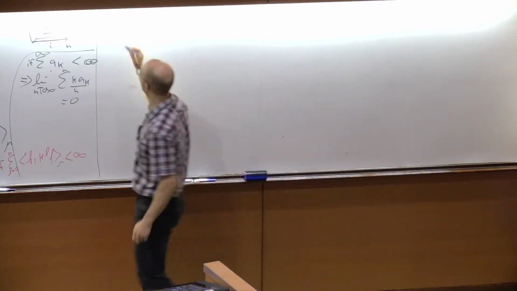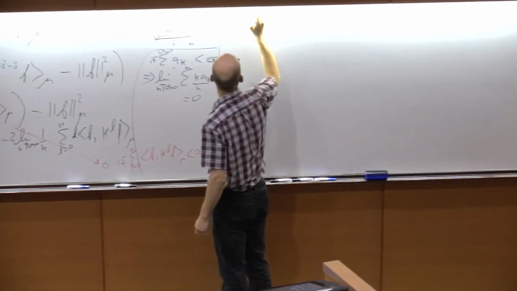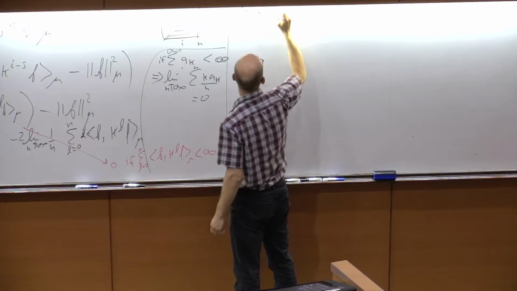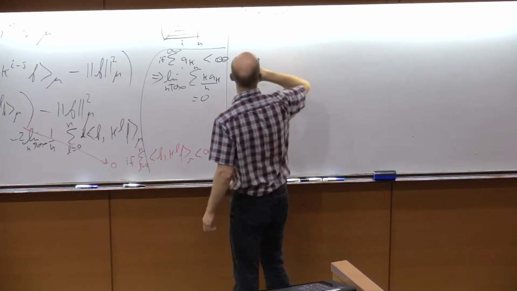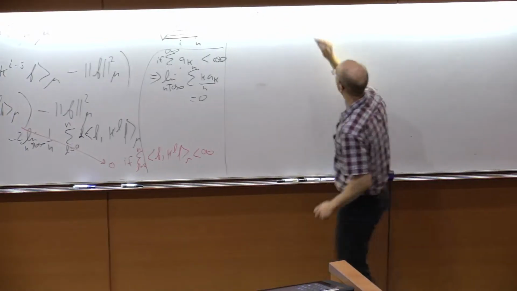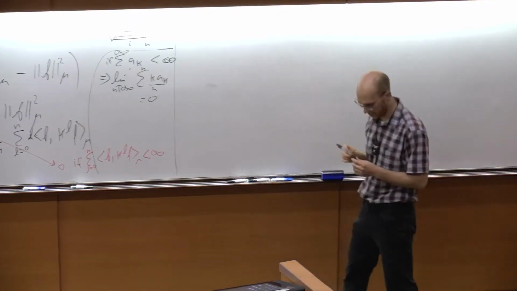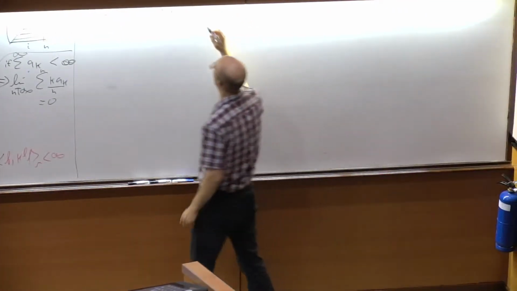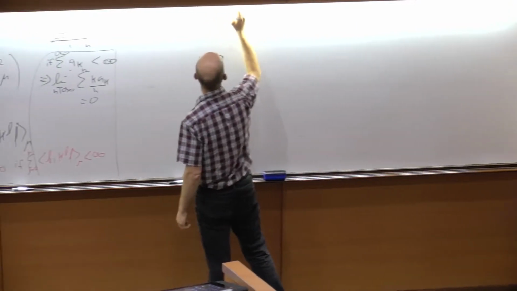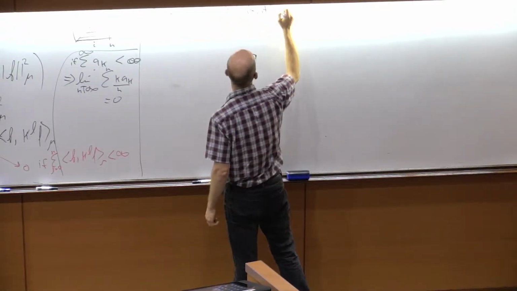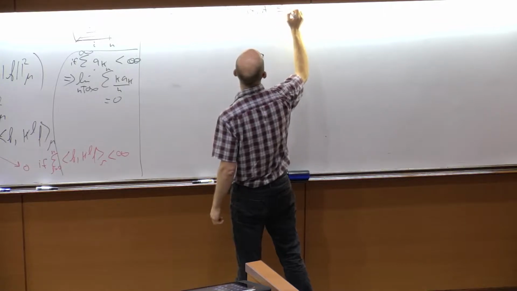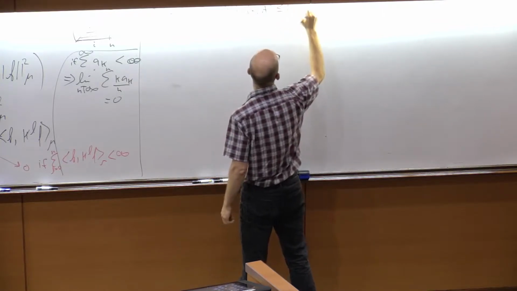So let's look at lambda, some real number between 0 and 1. So lambda K is a subprobability kernel, so this is less than or equal to 1.